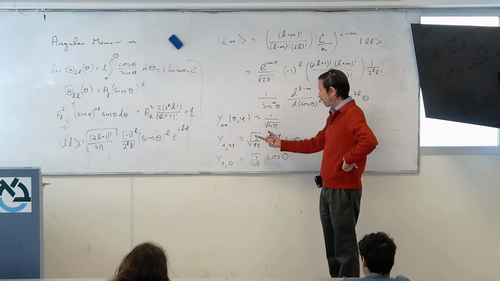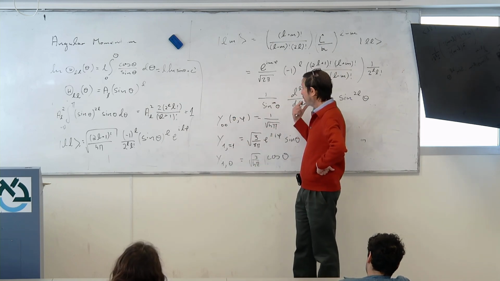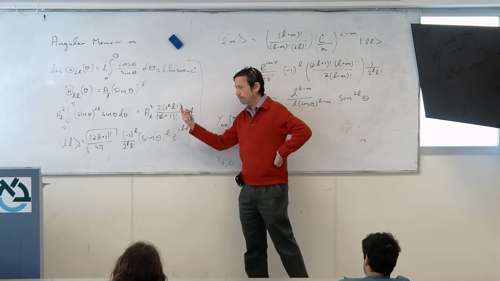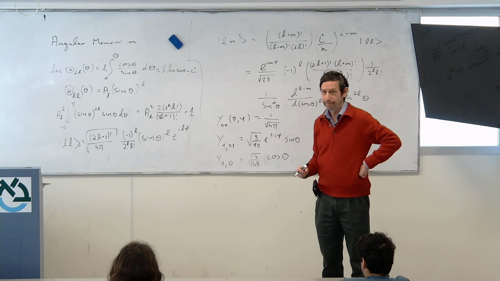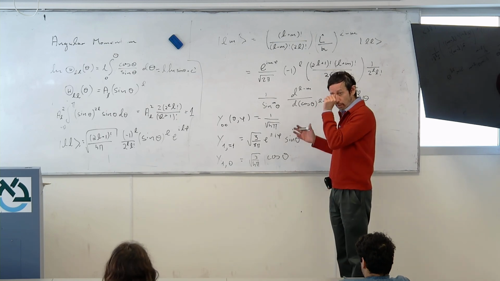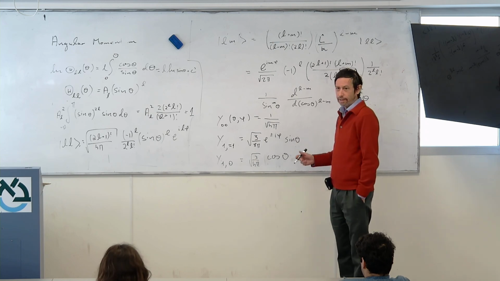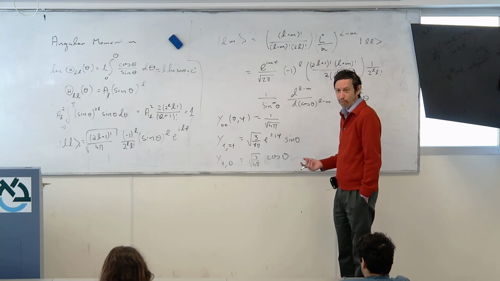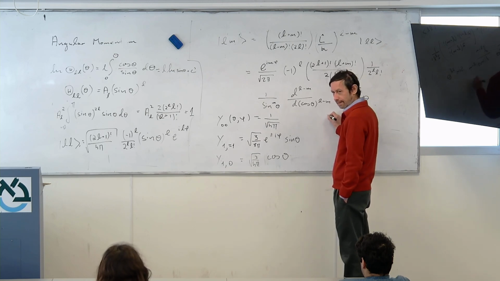For M equals 0, there's no phi component, and I have one derivative of a sine that gives me a cosine. Okay, and I can go on and perform this game, or check a table of spherical harmonics. So these are exactly the spherical harmonics.